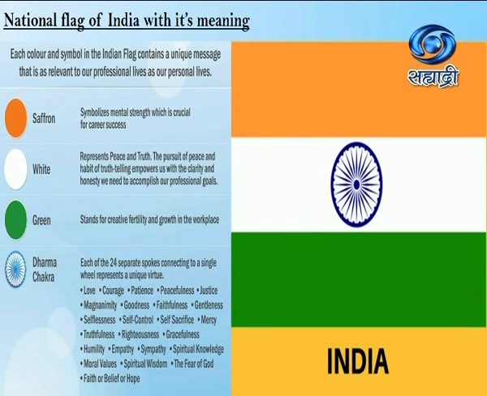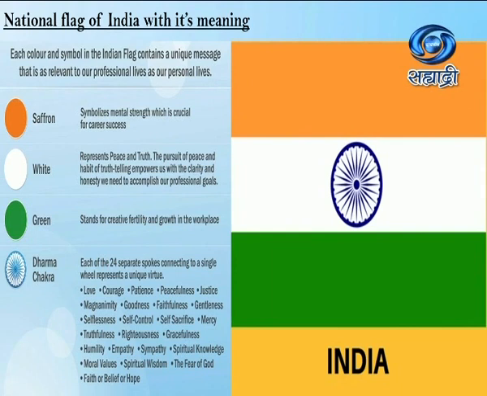First of all, the saffron color, the orange color, it symbolizes the mental strength which is crucial for career success. Children, it also stands for prosperity, isn't it? So this mental strength should be in one and all, in you, in me, and in every individual of our country.